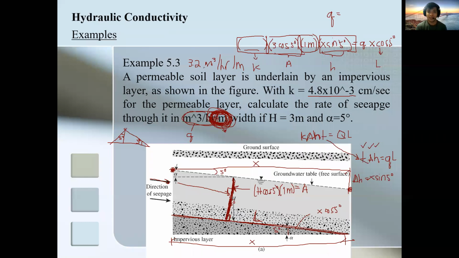So that is the seepage rate in this problem. So seepage or discharge, or whatever way of representing the term, always look for the units provided in the problem so you don't get lost.